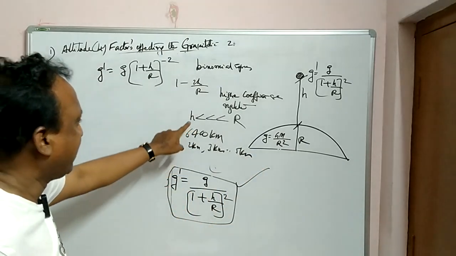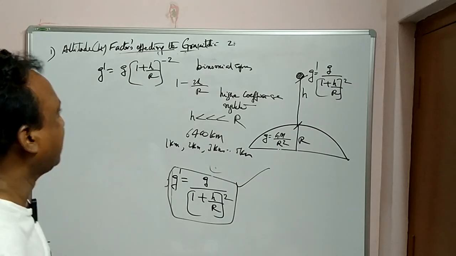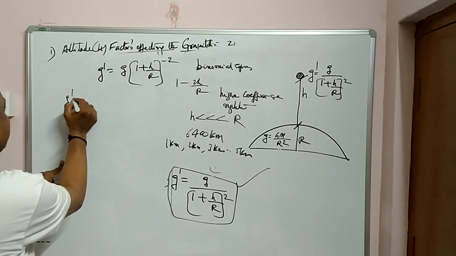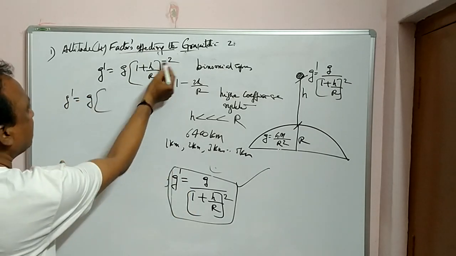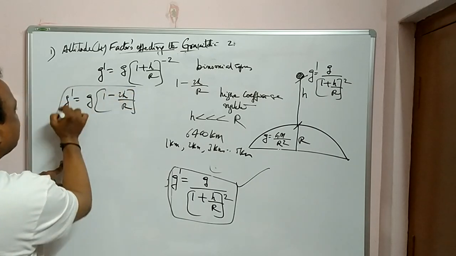When h is very much less than R, then you can go for this formula: g dash is equal to g into 1 minus 2h by R.